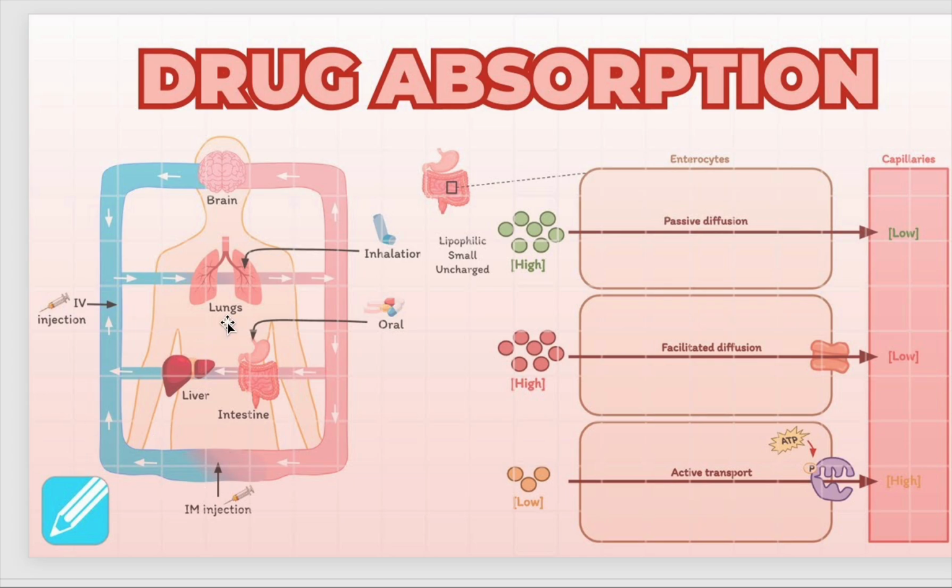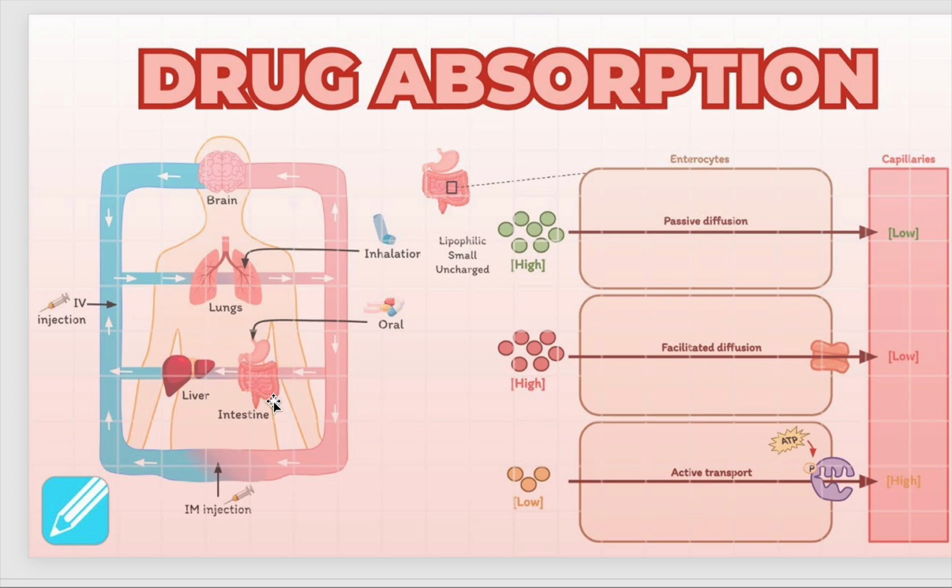So you can see here, let's first discuss this oral route. Once the drug is taken orally, it goes through our mouth and esophagus to our stomach. The stomach has a different pH, and the main area of absorption takes place in the small intestine, and then the large intestine.